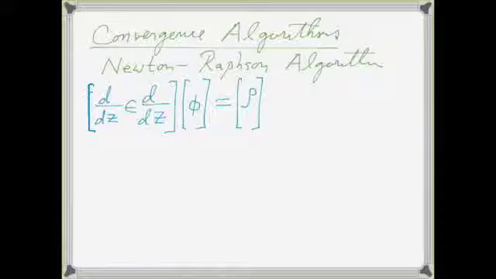So that's what we're solving. I guess it's negative rho, actually. Negative rho. And this rho is really a function of phi. Your rho is really a function of the vector phi.